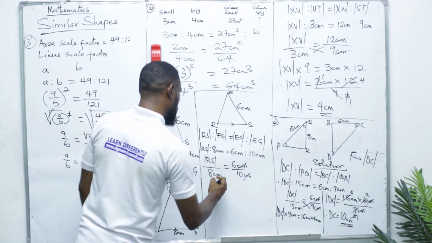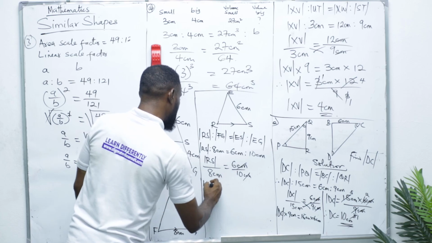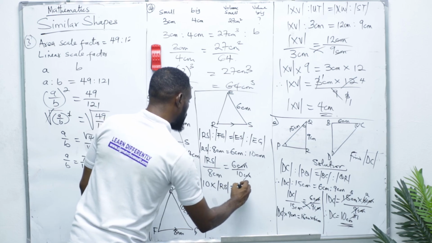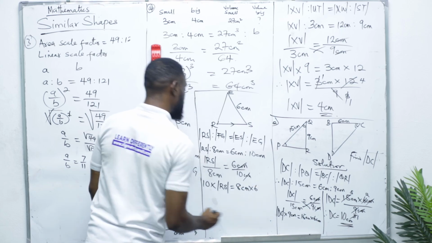So if we cross multiply this, we have 10 times RS is equal to 8 cm times 6. Is that okay?